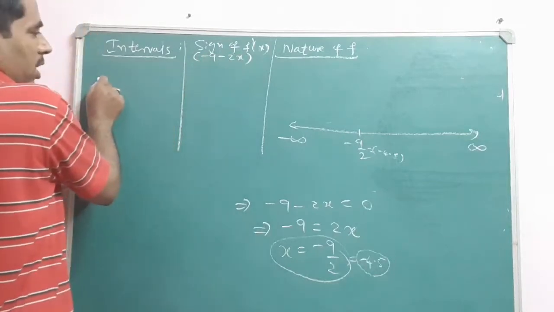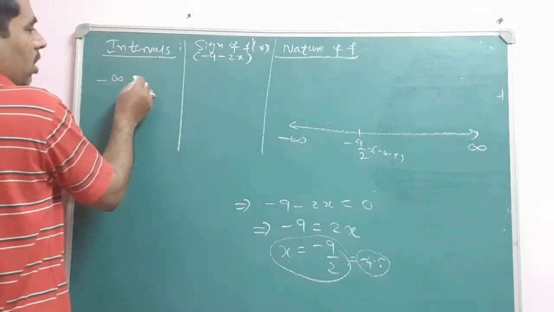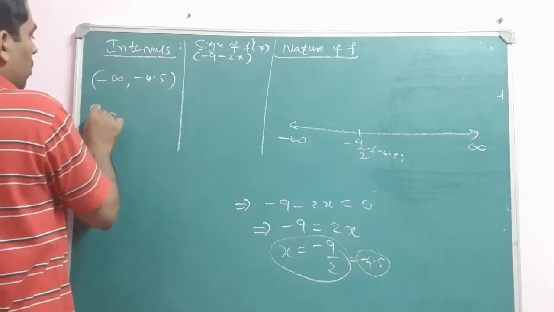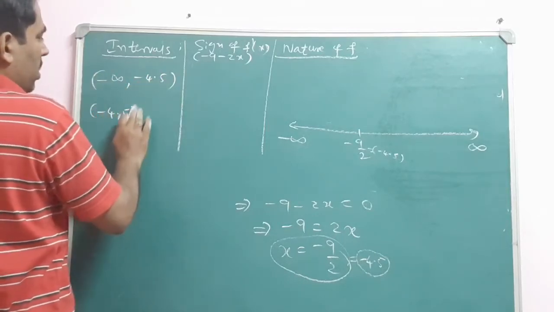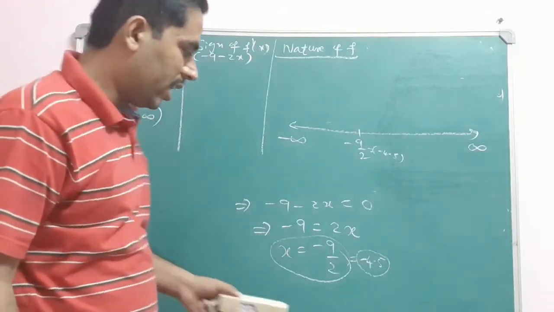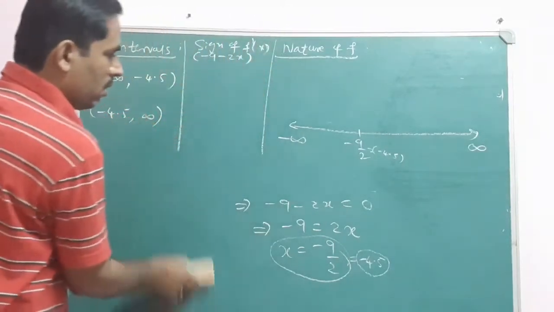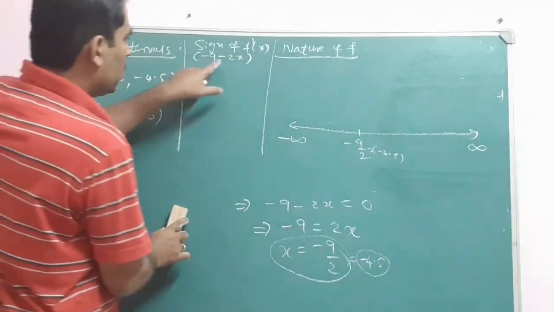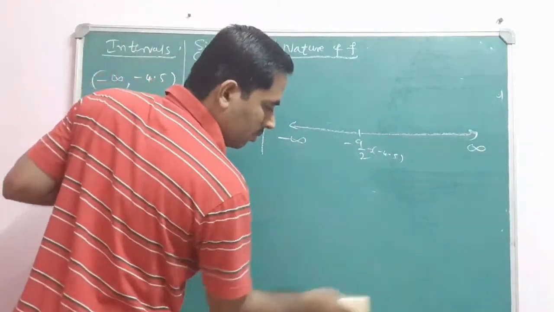Then the intervals are minus infinity comma minus 4.5, or minus 9 by 2, and minus 4.5 to infinity. This is the derivative.